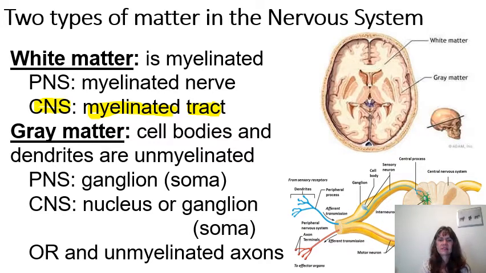For instance, here we have a structure in the brain that connects both sides, forming a myelinated tract in the central nervous system. In the peripheral nervous system, axons that are myelinated can form a structure known as a myelinated nerve.